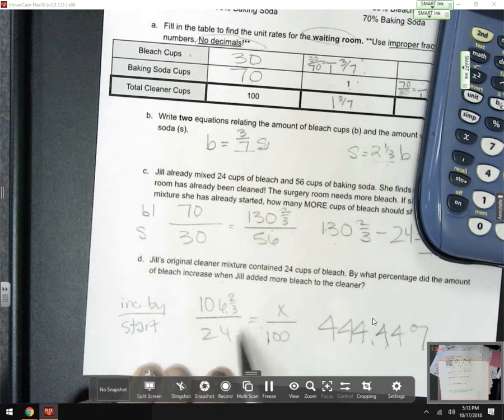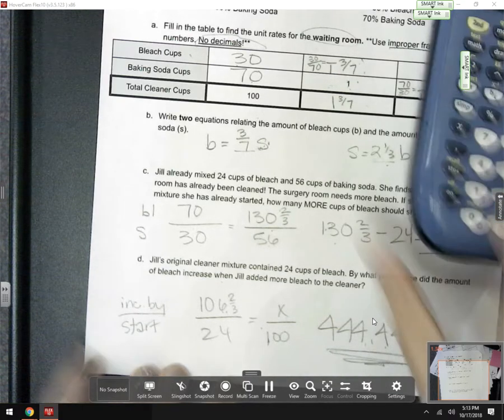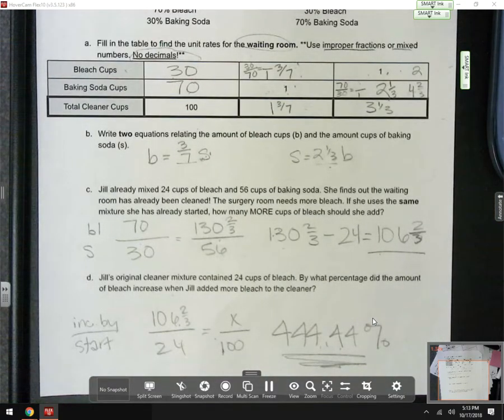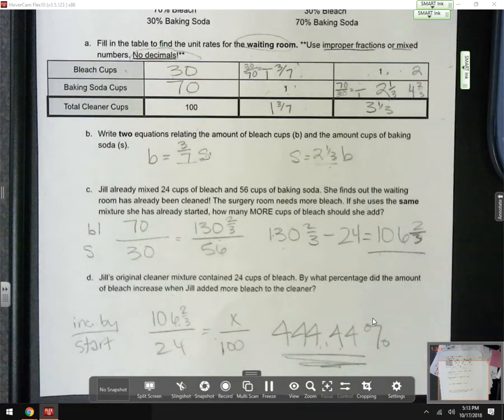So we know if something got 2 times bigger, that's 200%. So even though this seems like a big, scary, crazy number, it's actually accurate because it reflects that we got more than 4 times greater. So hopefully that helped. Hopefully, if you need to go back and rewind and re-listen to a part, you will make that good decision for yourself.